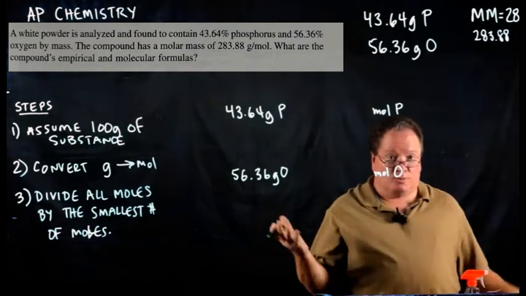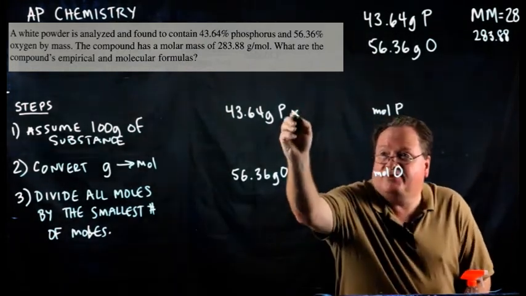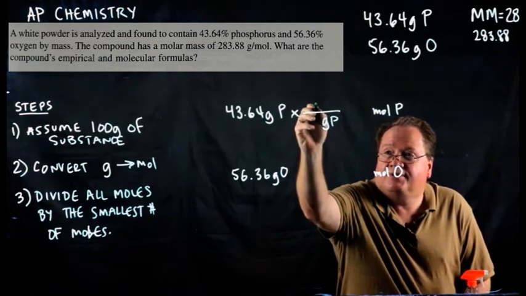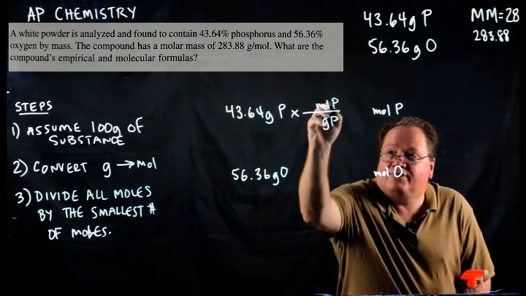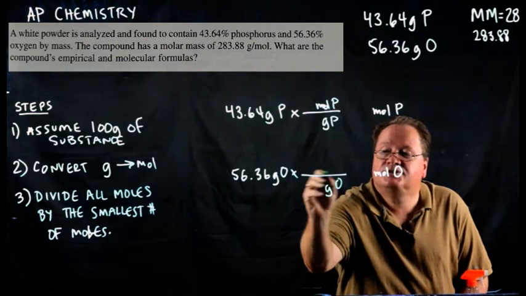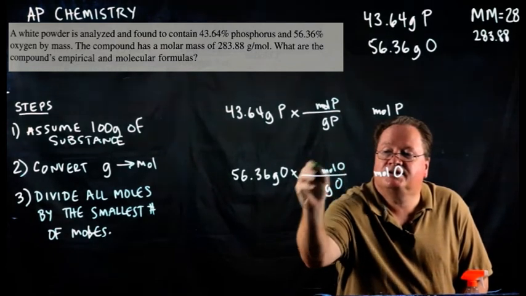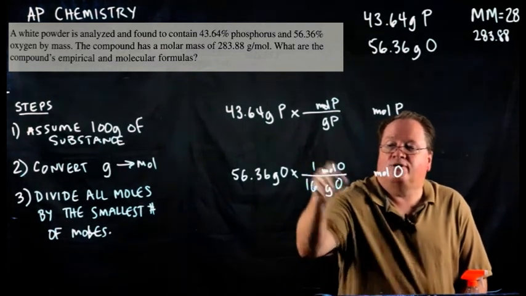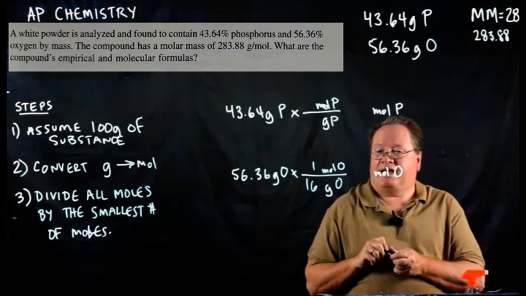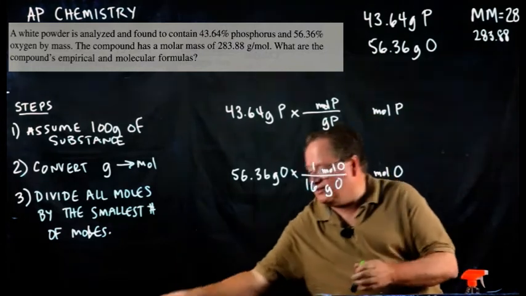So I need to use molar mass to make these conversions. Grams phosphorus, moles phosphorus, grams oxygen, moles oxygen. I know that the molar mass of oxygen is 16. Each mole of oxygen has a mass of 16 grams. I think phosphorus was 31.